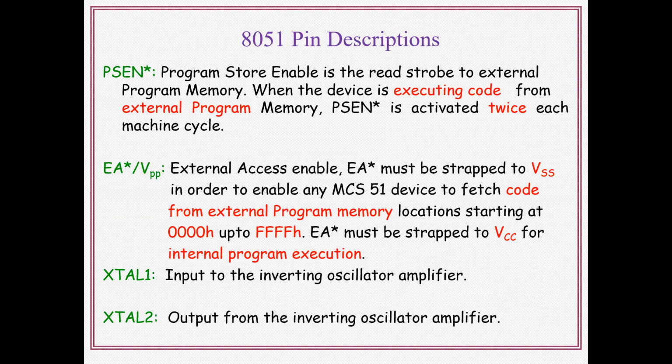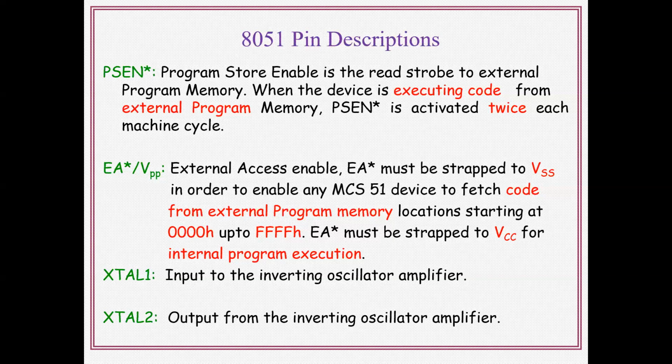When the device is executing code from external program memory, PSEN bar is activated twice each machine cycle. The next signal is EA bar or VPP, external access enable. EA bar must be strapped to VSS in order to enable the 8051 device to fetch code from external program memory locations.